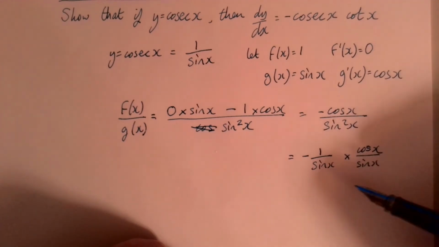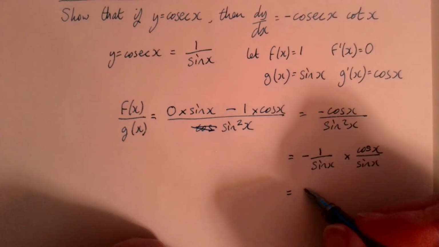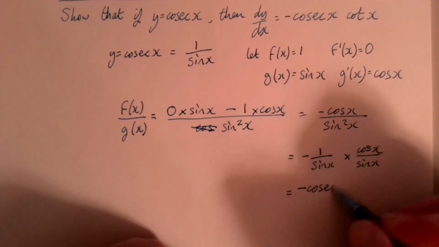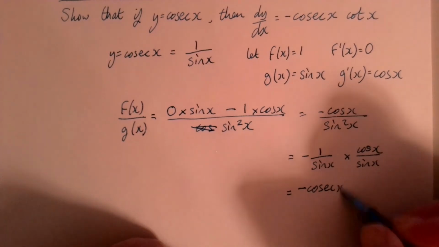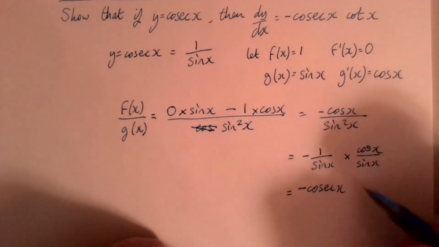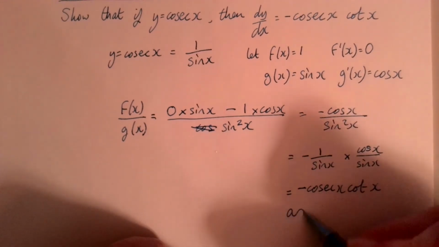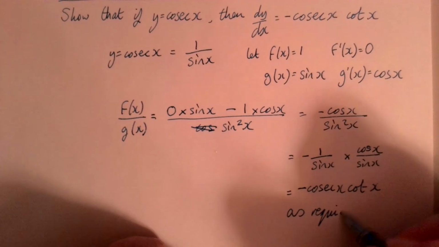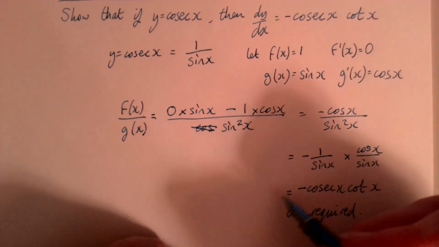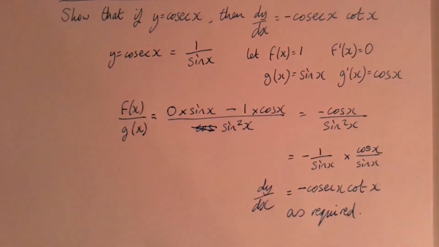And if we look back up here, minus cosec x is 1 over sine x, and cos x over sine x is tan x upside down, or sorry, the reciprocal of tan x. So that gives us our cot x there, and we just need to then put that in as required.